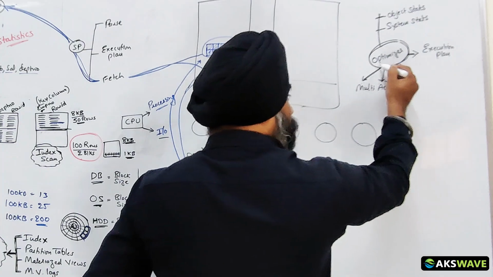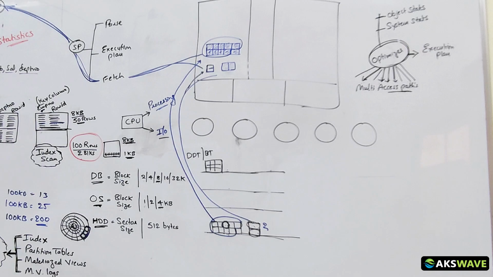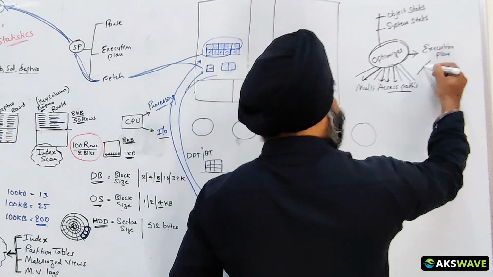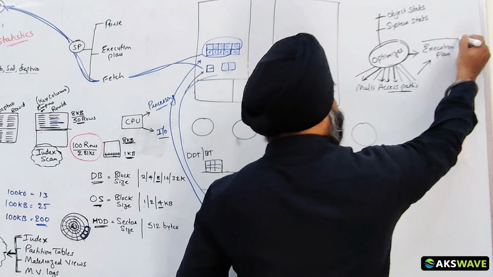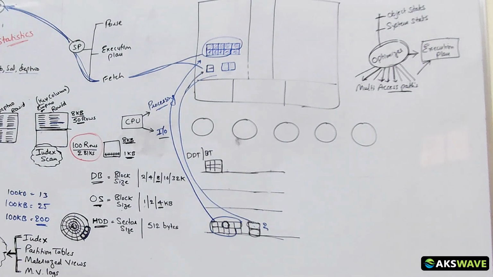Many multiple access paths it will design internally, and out of all those, one is selected and given to you, called the execution plan.